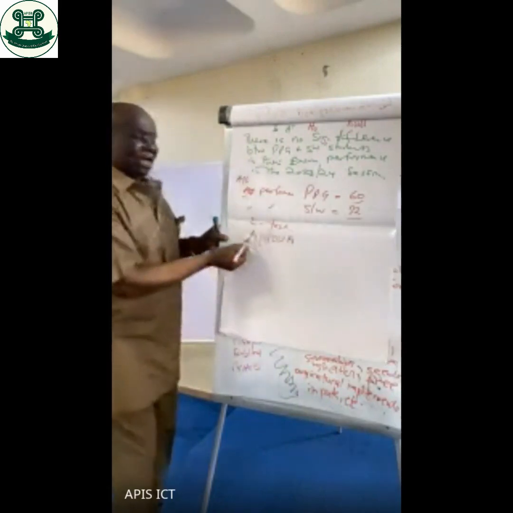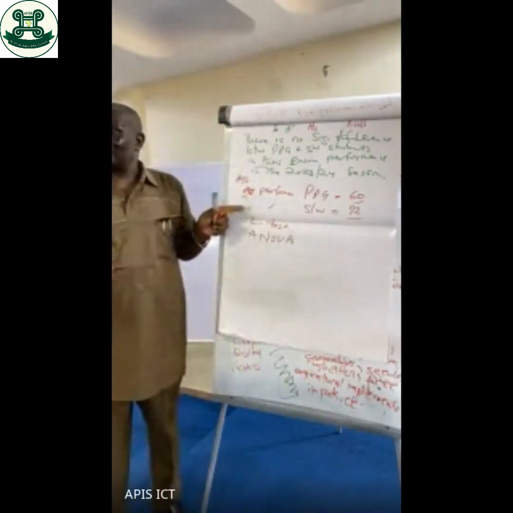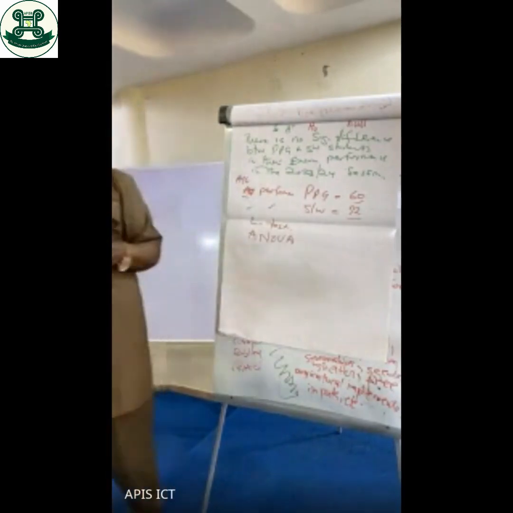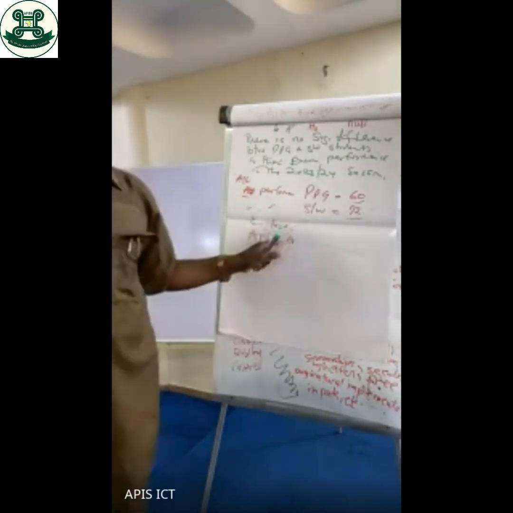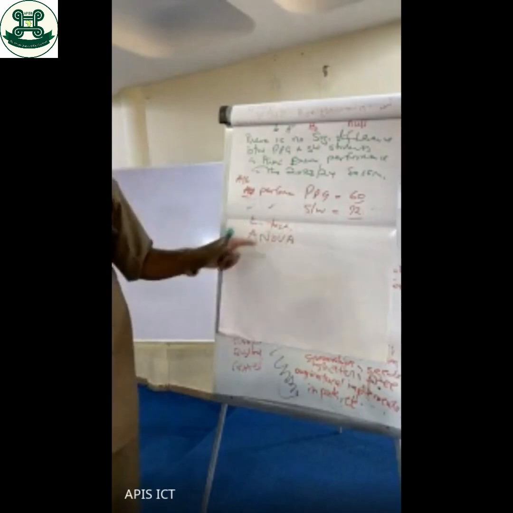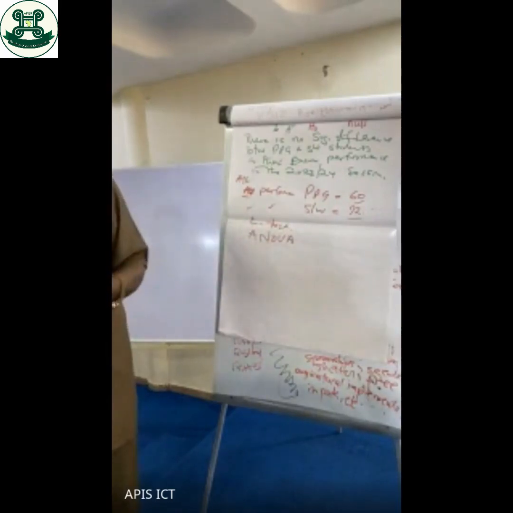So ANOVA is apparently an extended t-test. A t-test is used to compare the means of two data sets. But where the data sets are more than two, we use what? We use ANOVA. We're going to do that demonstration later, but I want you to understand the flow of the argument here.